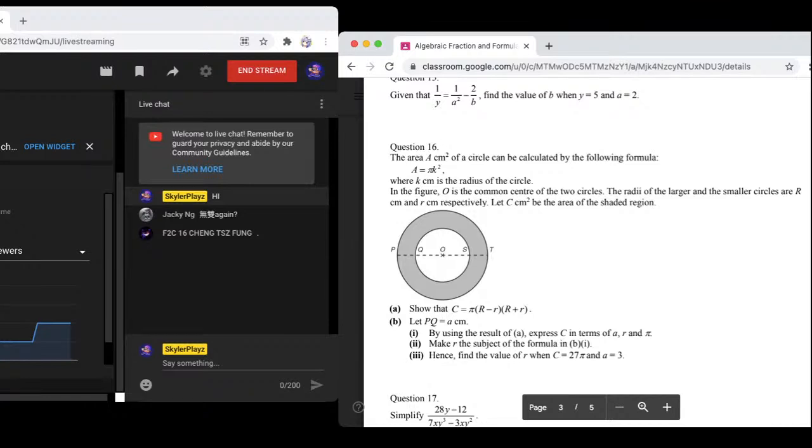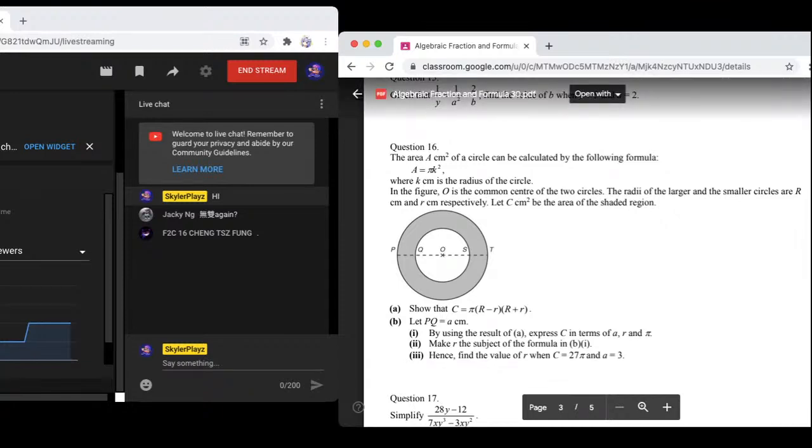And then R plus r is equal to... wow, strange question. Let me figure it out. Give me some time.